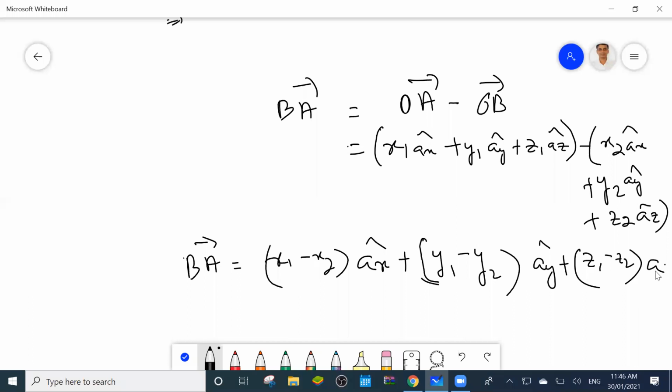So if you put a minus sign, that becomes equal. Yes or no? Yes, sir.